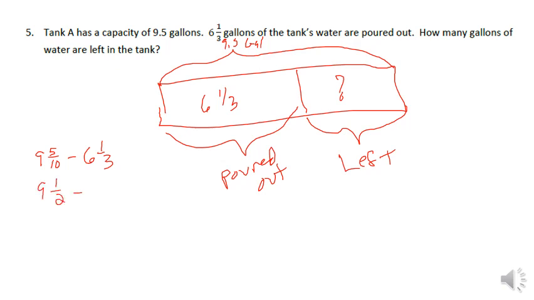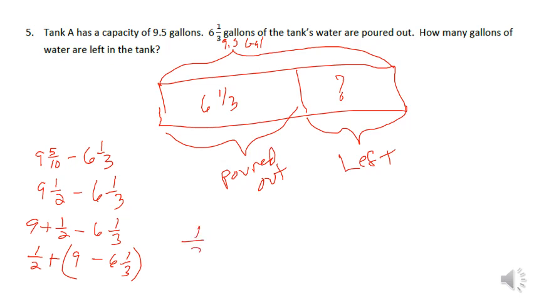So I'm going to bring it down to make it simpler. So now I'm going to rewrite this as 9 plus 1/2 minus 6 1/3. Now change it around to make it easier. It's 1/2 plus 9 minus 6 1/3. So I'm going to subtract 6 1/3 from 9. I'm going to end up with 2 2/3.